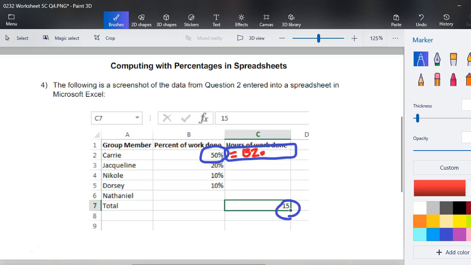I don't want this to change. I want it to be that cell and not to change. So I can put a dollar sign, and the cell is C$7, and that will lock it in. We could also do equals B2 times, sorry about that, I should have used an asterisk, C$7. We could use either. Practice using these in your Excel spreadsheet.